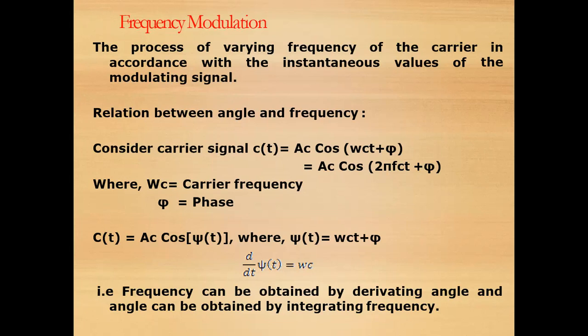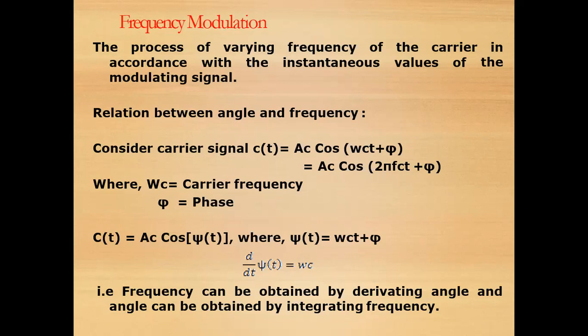If we differentiate this angle, frequency can be obtained, and angle can be obtained if we integrate this particular frequency. So there is a relation between angle and frequency, that is by frequency modulation we can achieve phase modulation, and by phase modulation we can achieve, vice versa, frequency modulation.